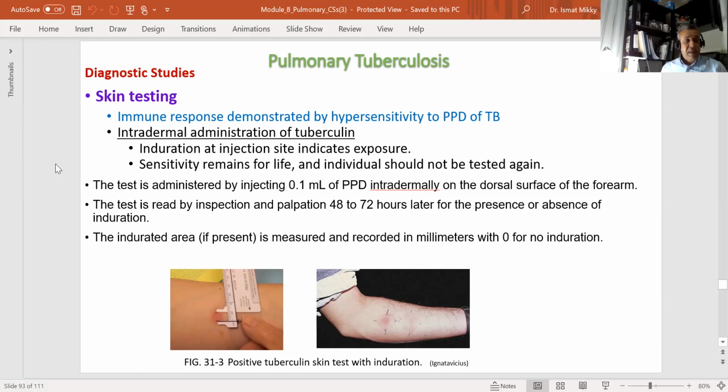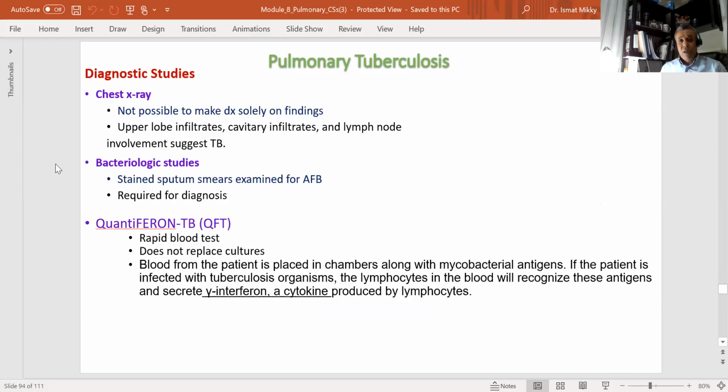So the reaction would not be strong enough, and the induration and redness will not be large.